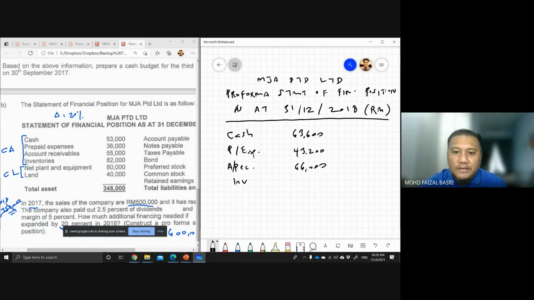And inventory, 82,000, so you have 98,400. Okay, so these are all current assets.